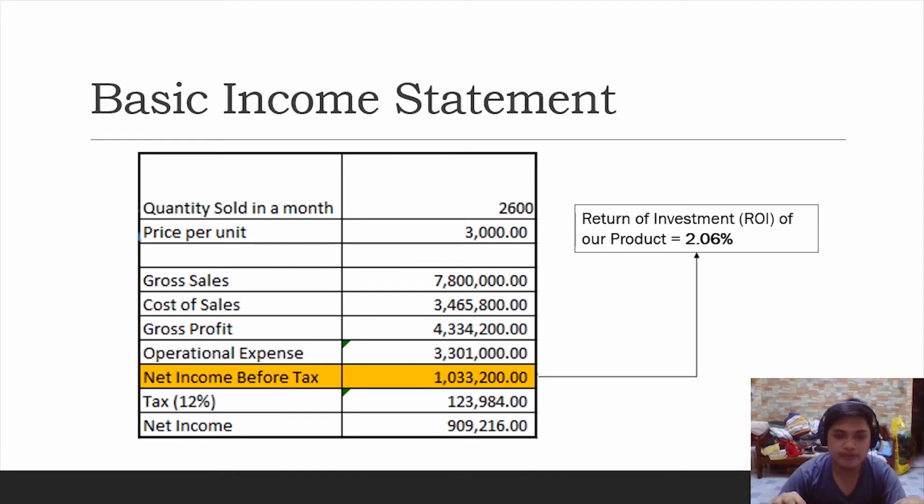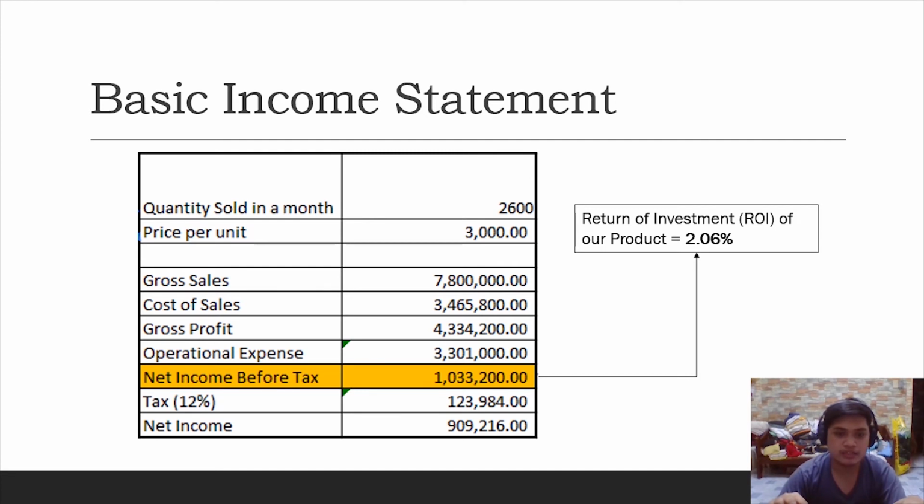So when you divide 1,033,200 by 50,100,000, which is the total cost of the machines to be used in the company, it equates to 2.06%. So, for example, when you invest 1,000 pesos in the company, the return on investment to the investor would be around 20 to 21 pesos.